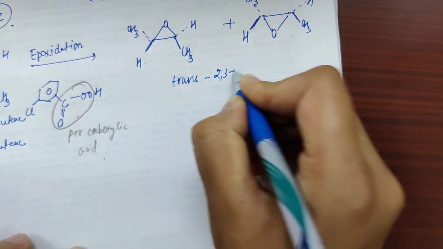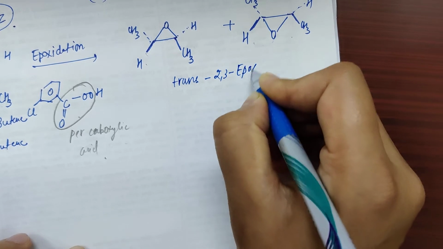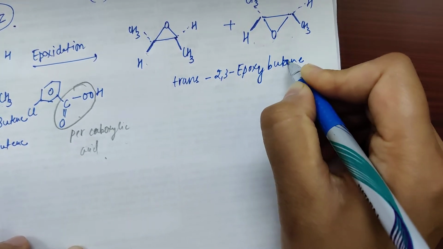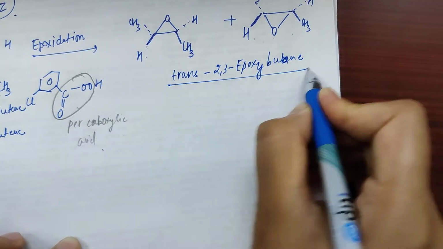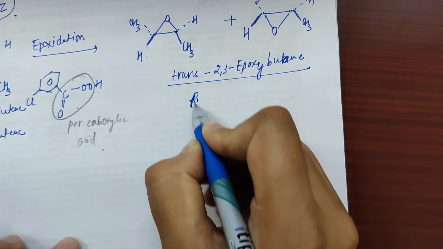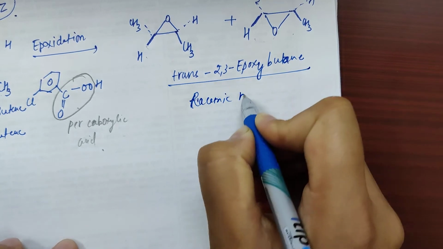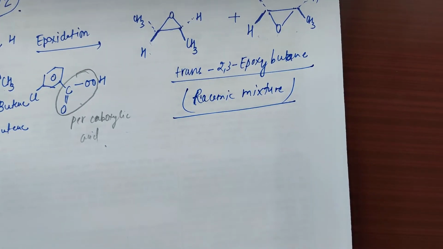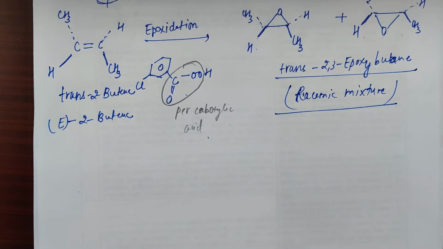The compound formed is trans-2,3-epoxy butane. Okay, and it's a racemic mixture. So if you have this kind of reaction, you will obtain the racemic mixture.